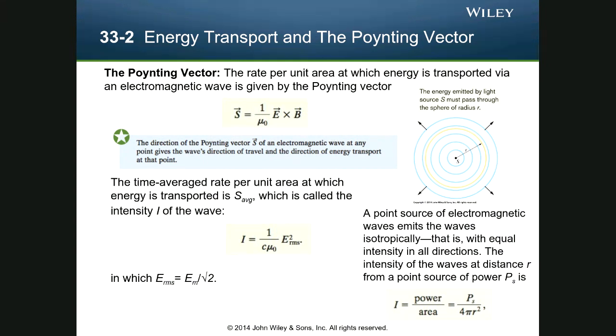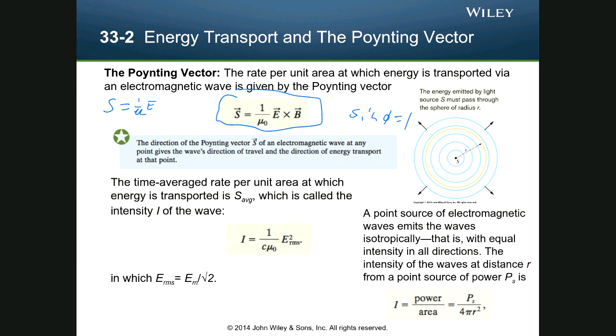So now you'll see here, we have the Poynting vector defined as S equals 1 over mu naught E cross B. All right. Now we can write this as equal to 1 over mu naught times E times B times sine phi. And remember, they're 90 degrees from each other, so the sine phi here is going to equal 1, right? Because phi will always be 90 degrees.